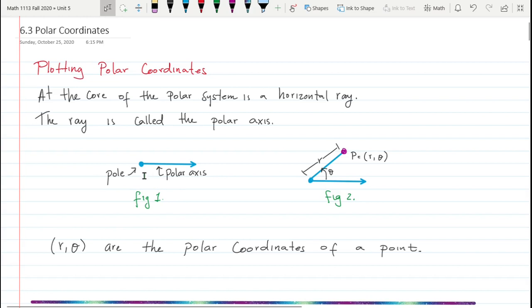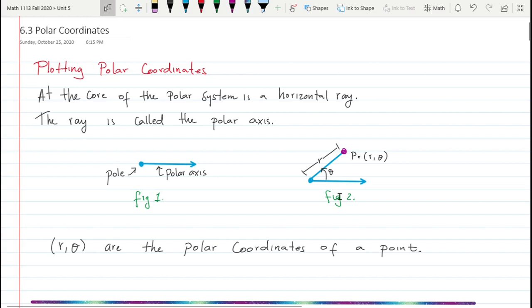The circle at the very center, or the origin, which we used to refer to in the rectangular coordinate system, is called the pole. From there, we're looking in figure 2 at what it would be like to open up an angle in standard position, I think is what we usually call it. The distance from the pole to the point is known as the radius.